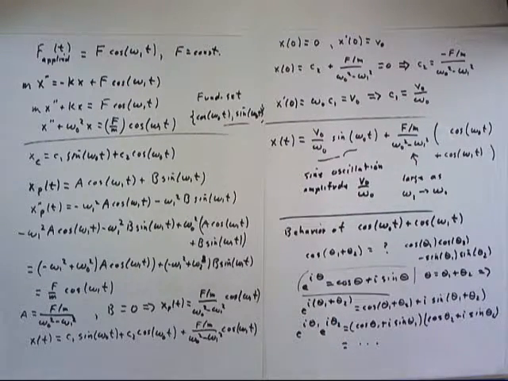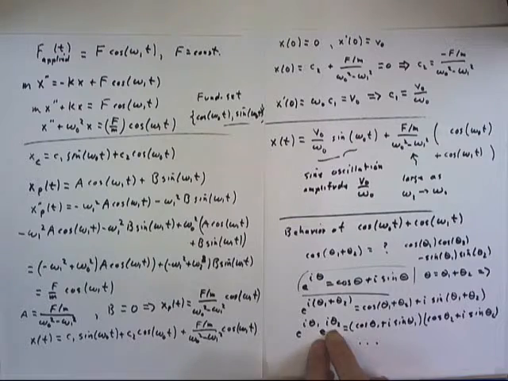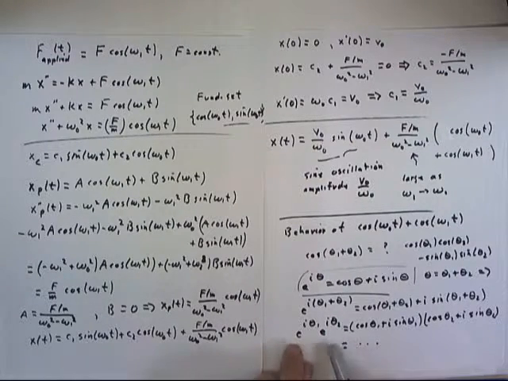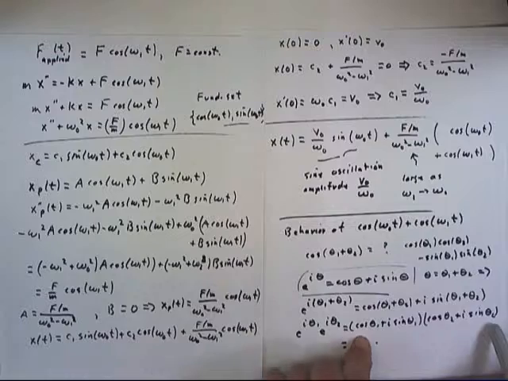By the laws of exponents, e to the i theta 1 plus theta 2 equals e to the i theta 1 multiplied by e to the i theta 2. And if we write out what e to the i theta 1 and e to the i theta 2 mean, we get this expression and this expression.